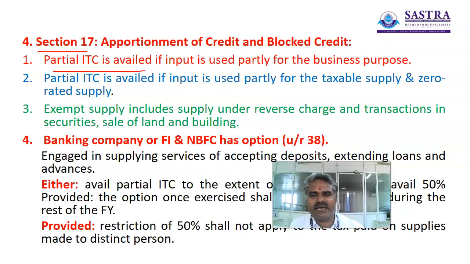Partial ITC is availed if input is used partially for business purpose. What is very important is that once you buy a product or material or goods for business purpose only, you are eligible to claim ITC.